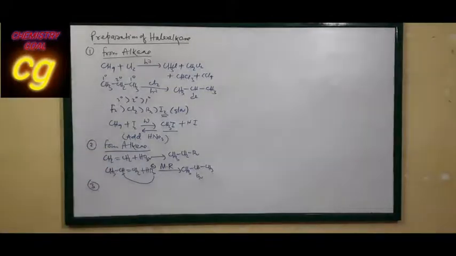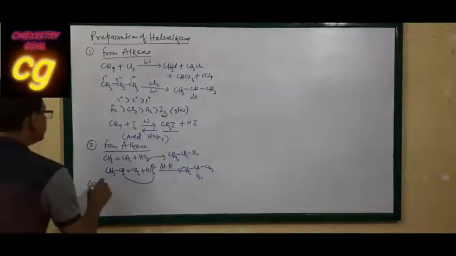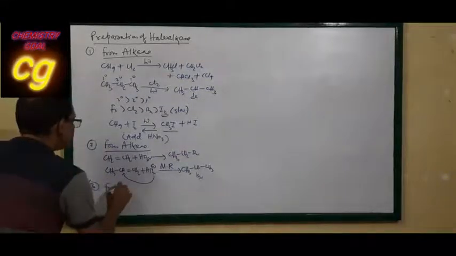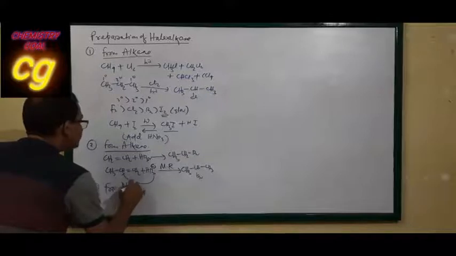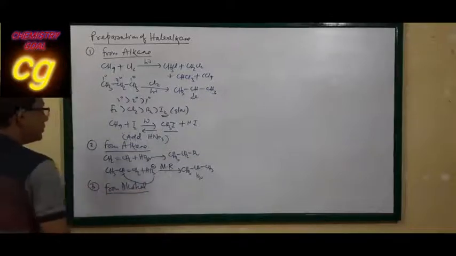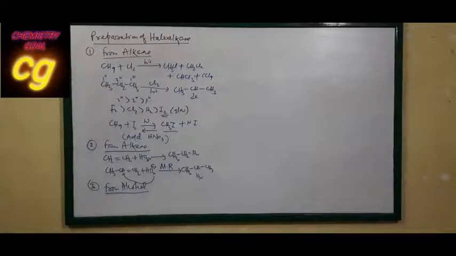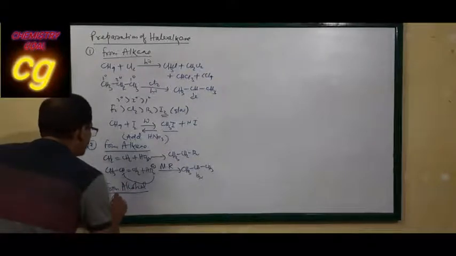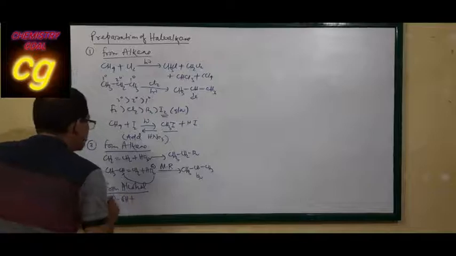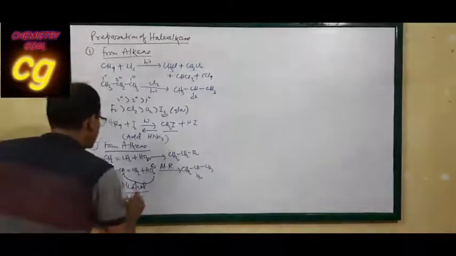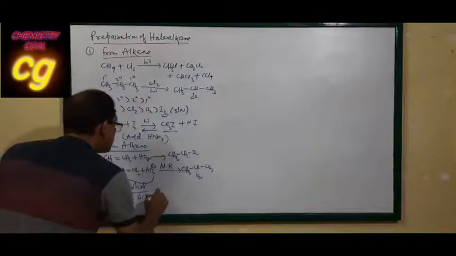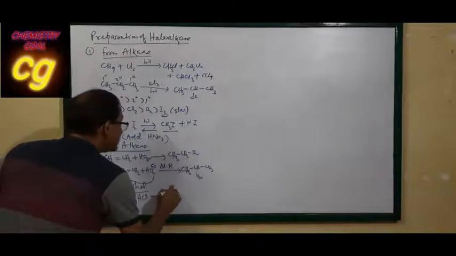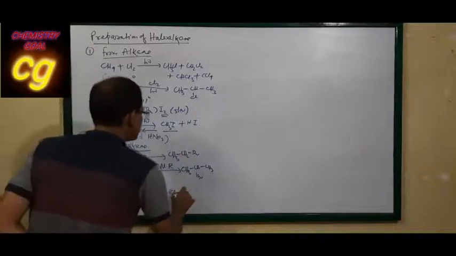Then we can prepare haloalkane from alcohol. If you take alcohol and react with HCl, it produces RCl plus water.